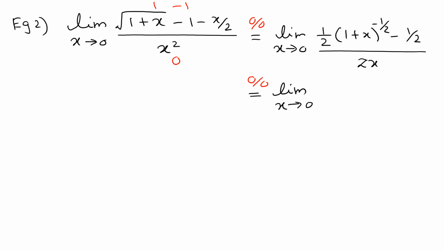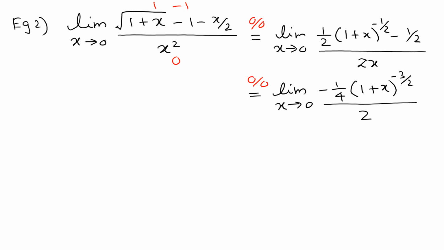Let's take the derivative again. If you take the derivative again, it is going to be negative 1/4, because you get one more 1 half, and then times 1 plus x to the negative 3 halves, divided by 2.